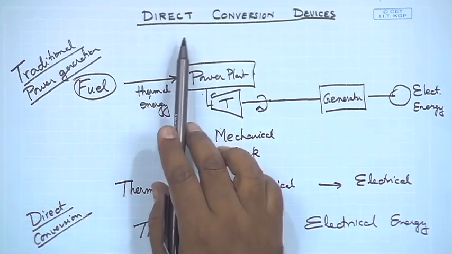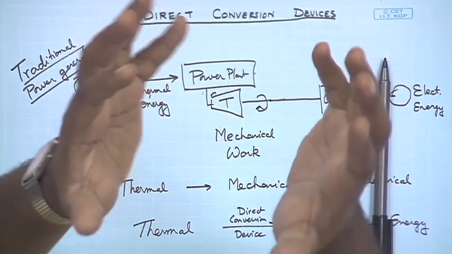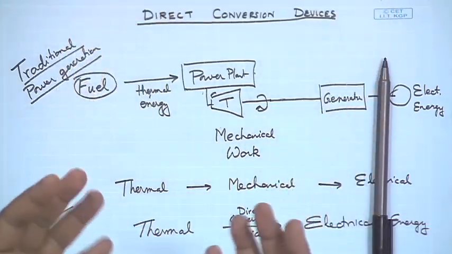Once again, what we mean by direct conversion devices: let us say we have a source of heat, a source of thermal energy with us, for example some waste heat, which is the focus of this course, and we want to utilize the energy trapped in that waste heat to generate additional electricity.